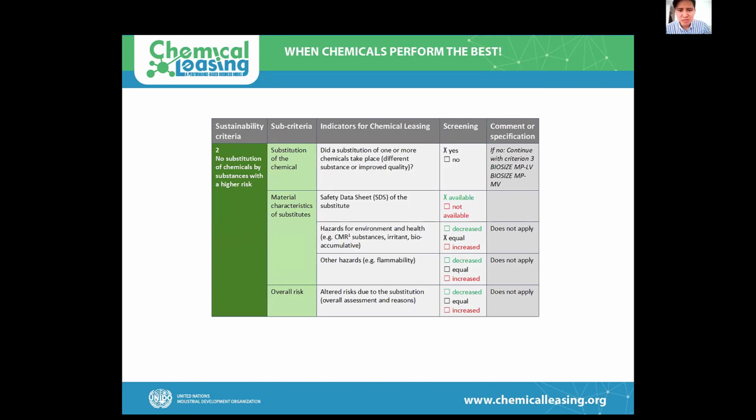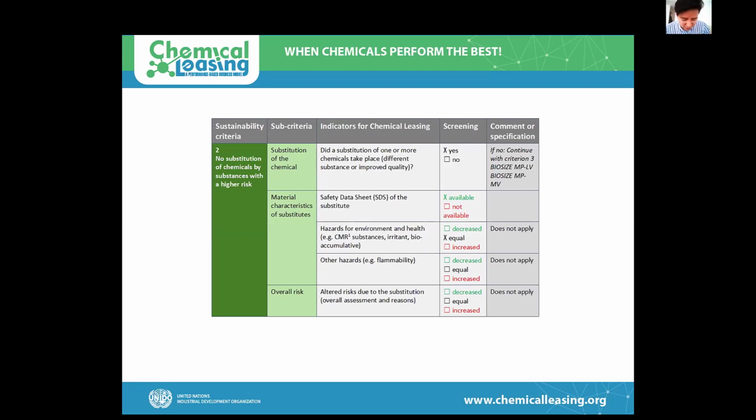But then when we checked the safety data sheet, we could see that the substance that they were trying to substitute was more dangerous. So one of the most important things here, and in the implementation of chemical leasing and in any management of chemicals, you have to have the MSDS available.